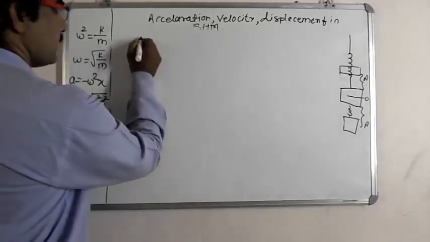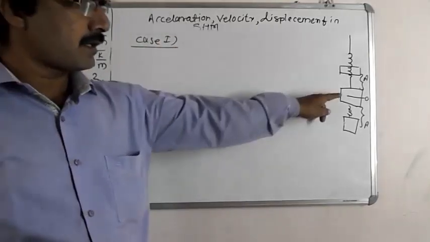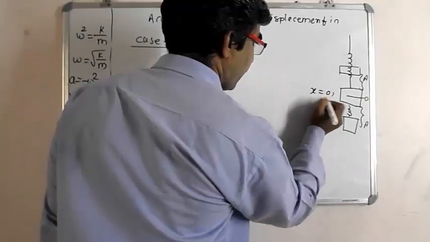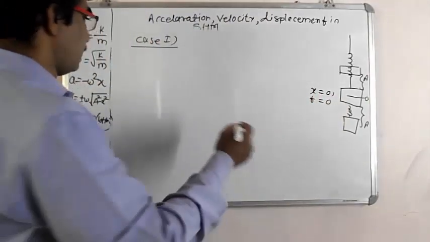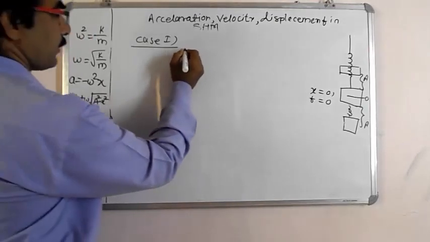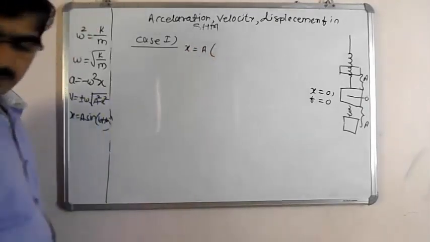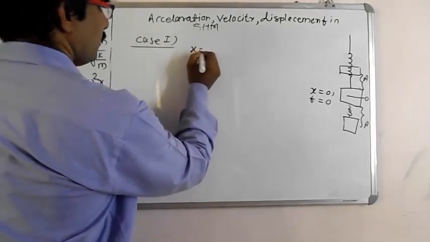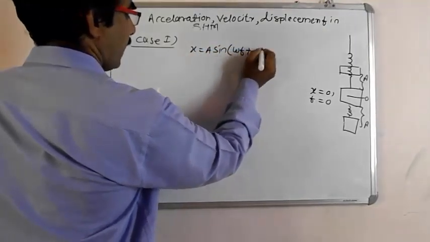See, case number first, when the particle starts its motion from mean position at time t equal to 0. Here, for the initial phase, the equation for displacement is x equal to a sine of omega t plus alpha.